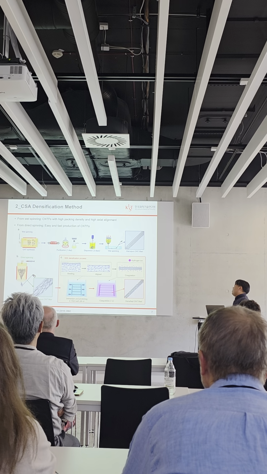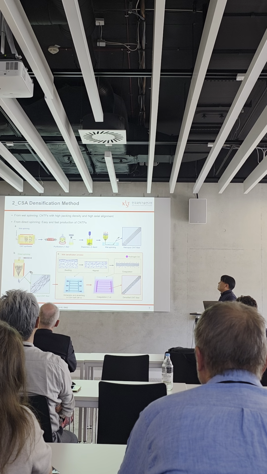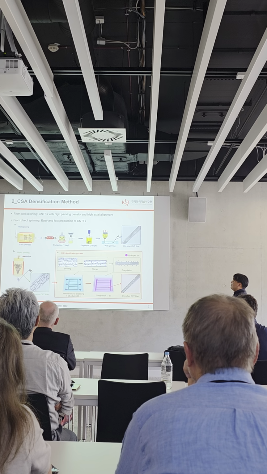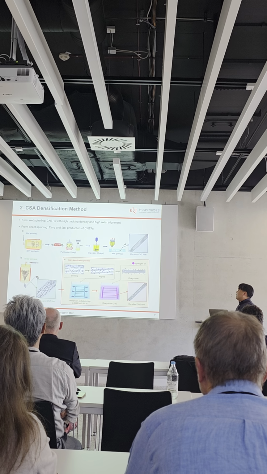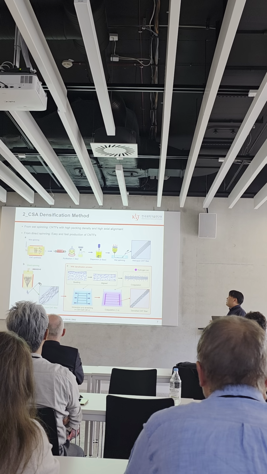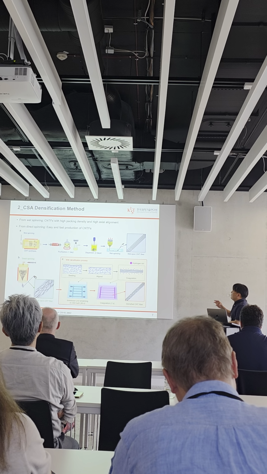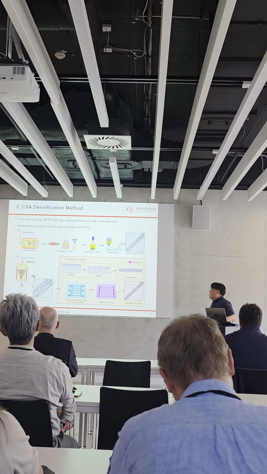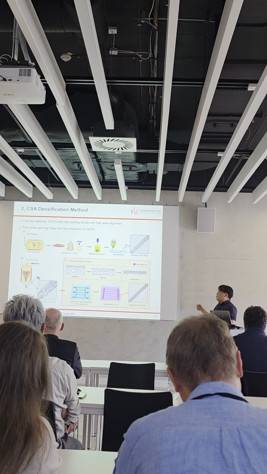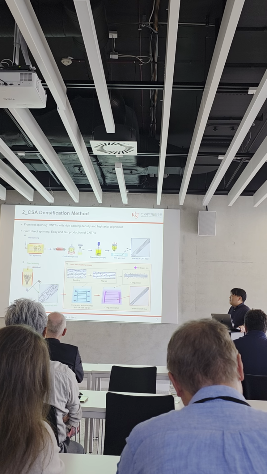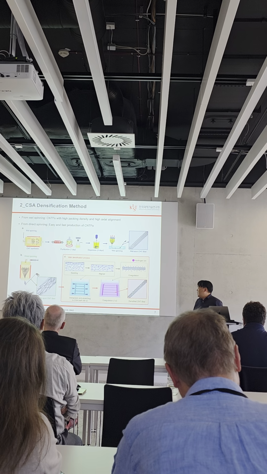So we thought about how to combine the advantages of direct spinning and wet spinning. As I said, in wet spinning the CNT was completely dispersed in the CSA and formed a liquid phase. So we thought we may use CSA as a solvent to densify the direct-spun fiber.